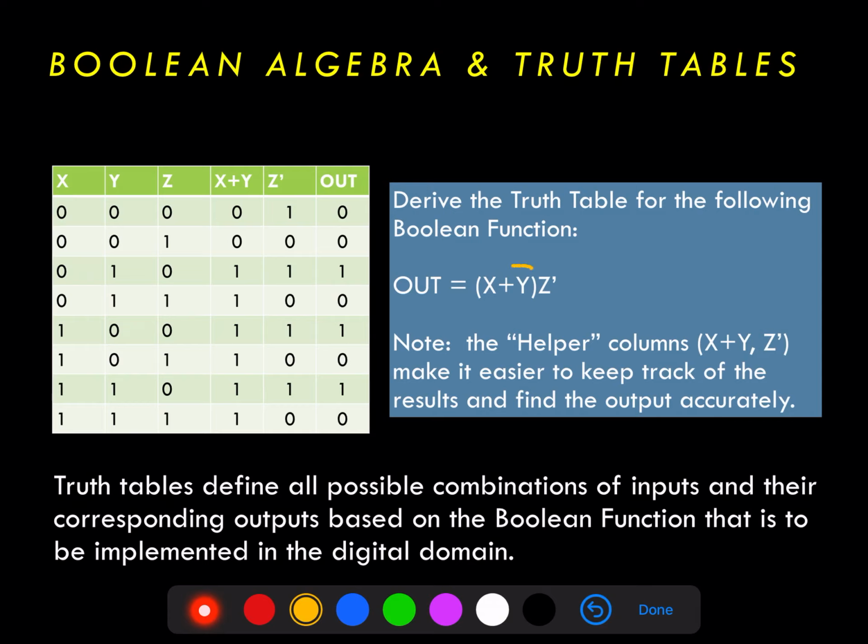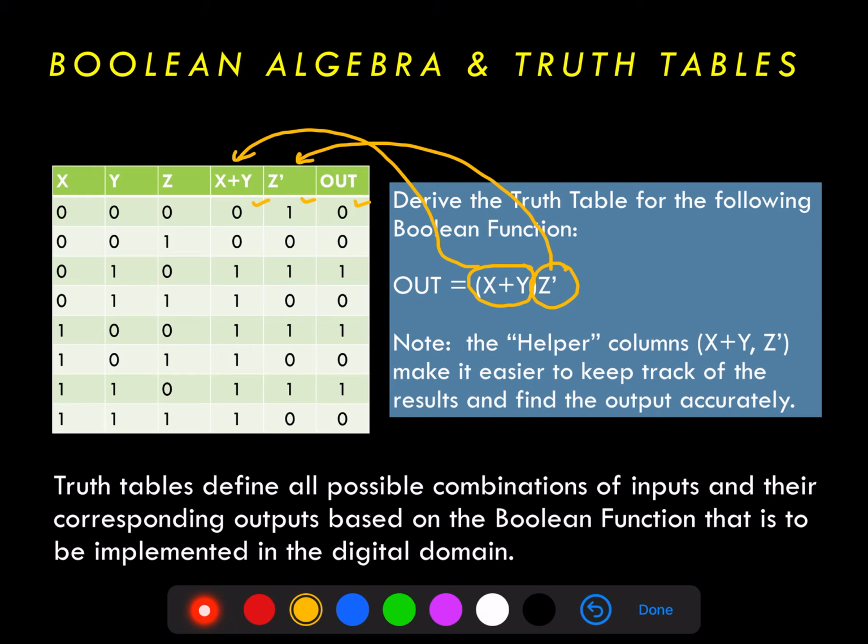So we've created two helper columns here, one of which represents the first term in our output expression, and the other of which represents our second term, or z naught. After we calculate these two helper columns, it's a simple matter of computing the AND of these two helper columns to come up with the output.